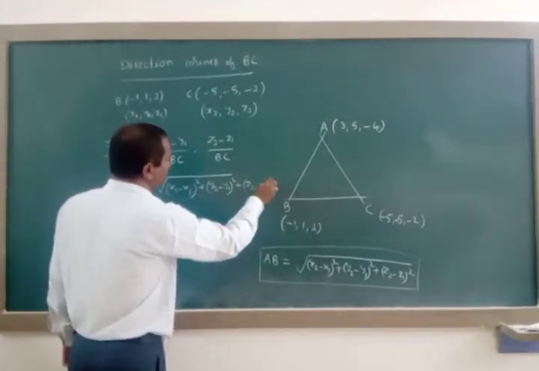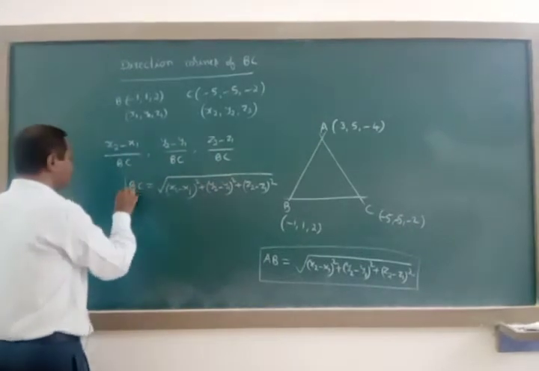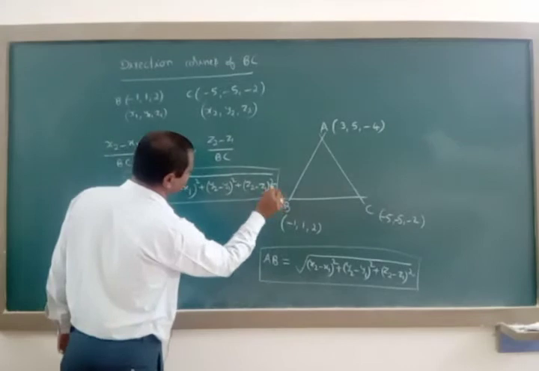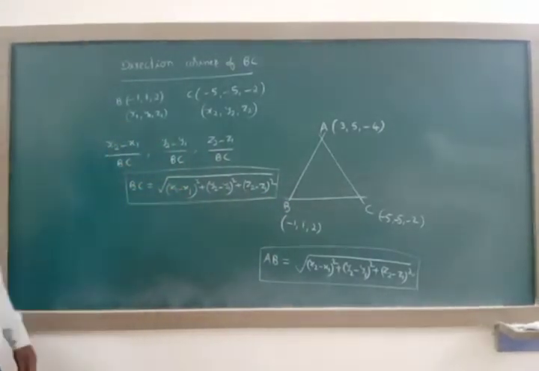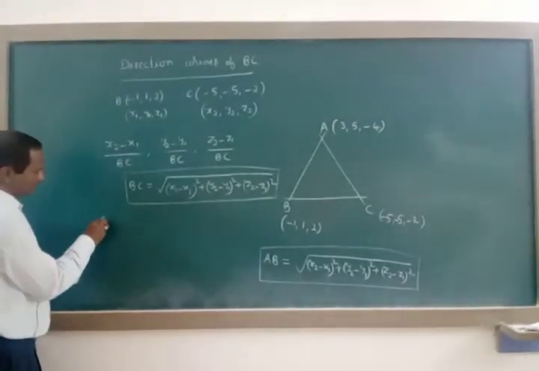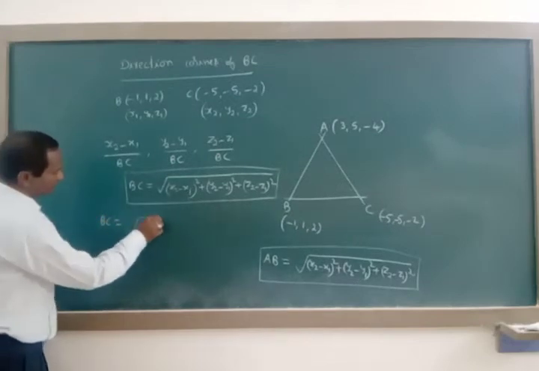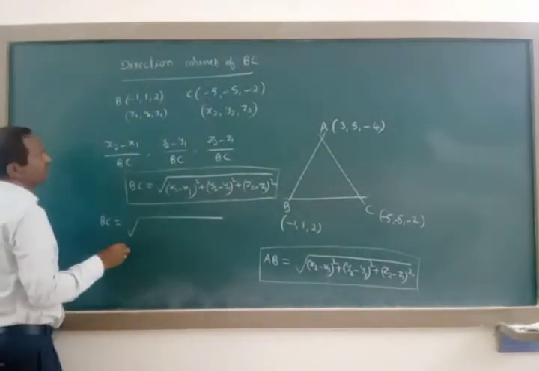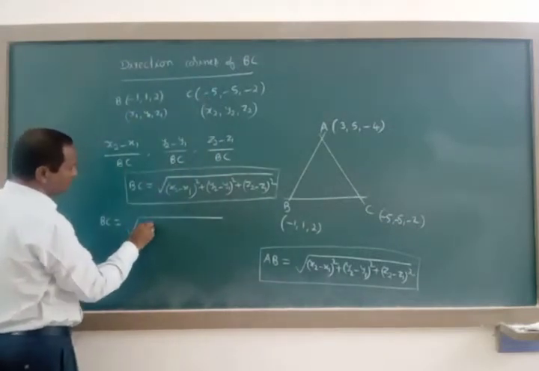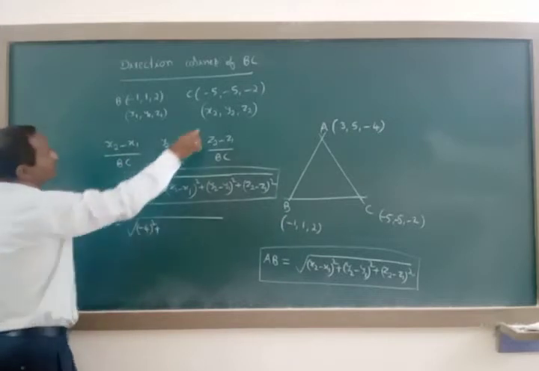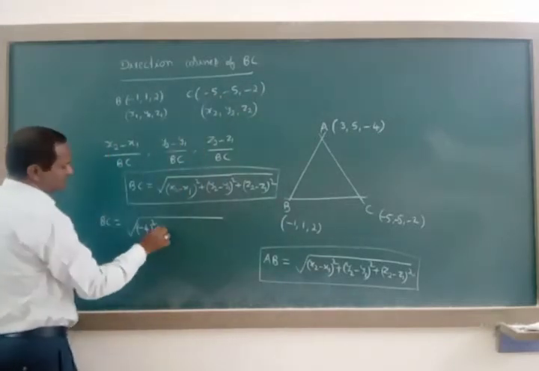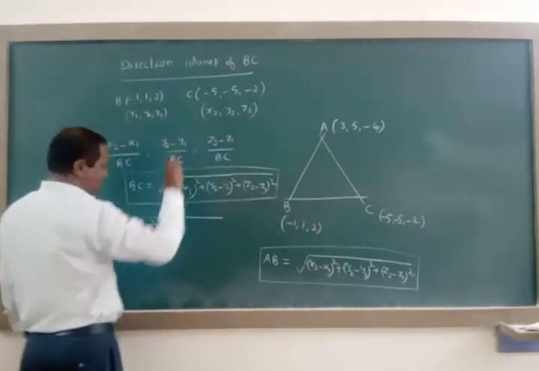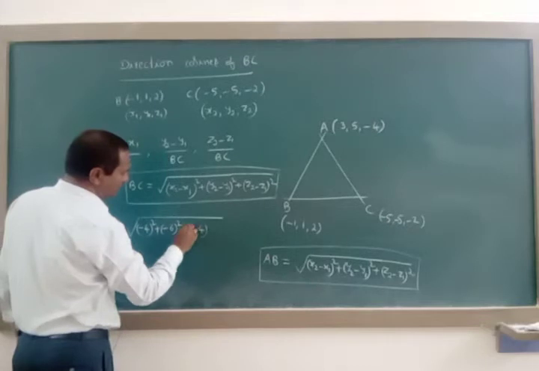This is the formula to find the distance between the 2 points B and C. BC is equal to the square root of (minus 5 minus of minus 1, that is minus 4) whole square, (minus 5 minus 1, minus 6... ) whole square, (minus 2 minus 2, minus 4) whole square.